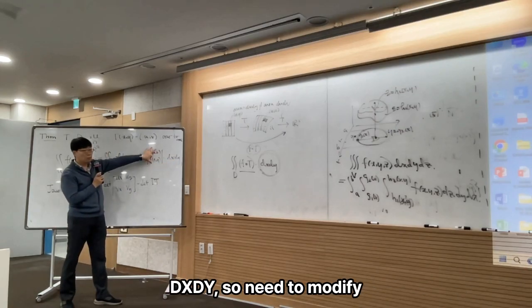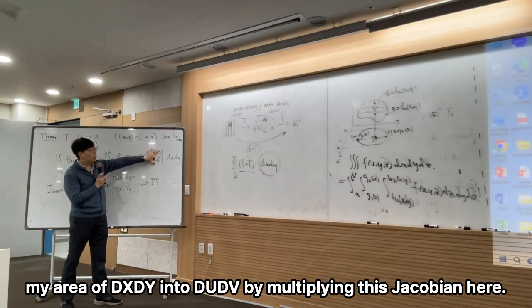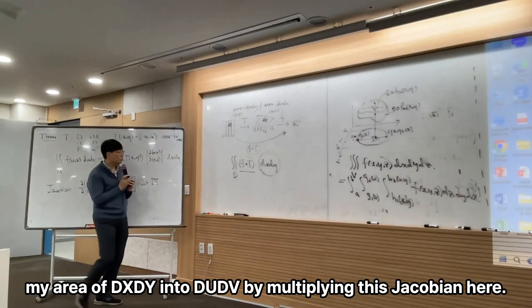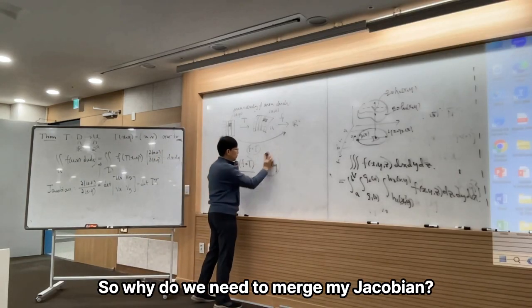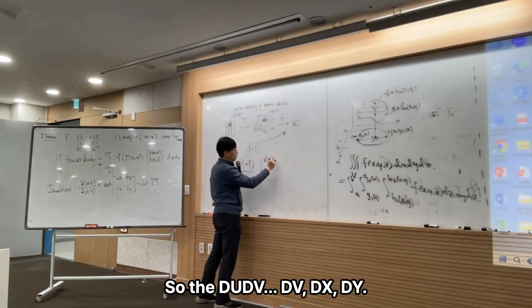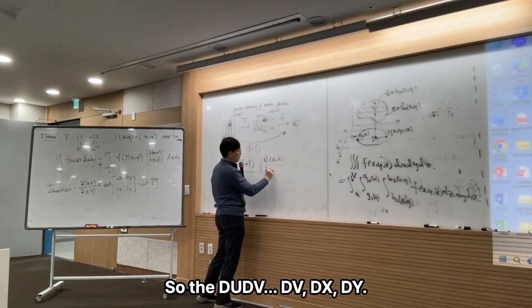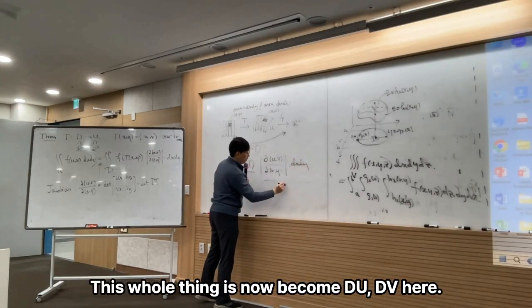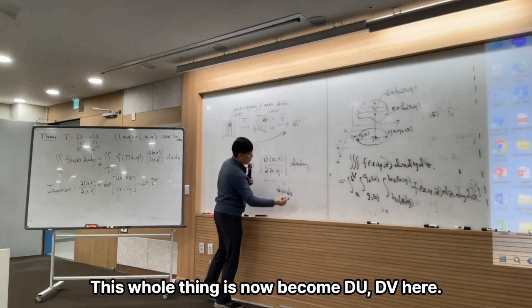So I need to modify my area dx dy into du dv by multiplying by this Jacobian here. So why do we need to multiply by the Jacobian? That's the key part. So multiplying dx dy by the Jacobian, this whole thing now becomes du dv here.